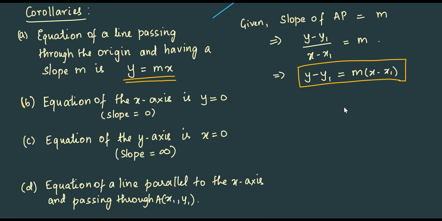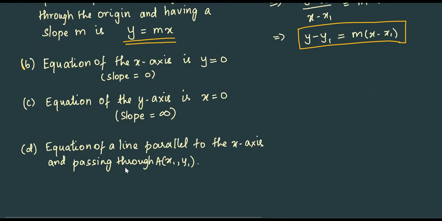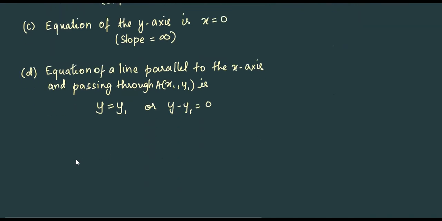So it's parallel to x-axis, means slope m you have to put as 0. So we get the equation is y equal to y1 or y minus y1 is equal to 0. Here we substitute m as 0. Then we get the result.